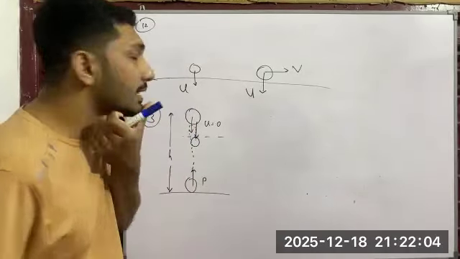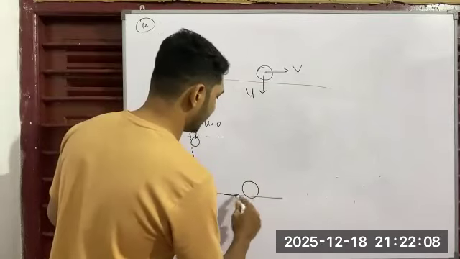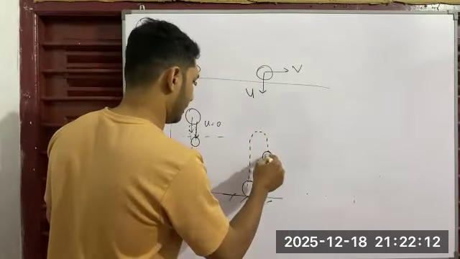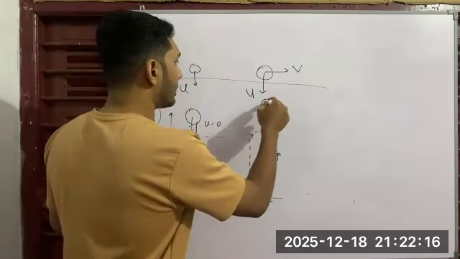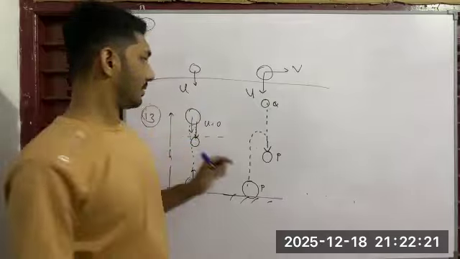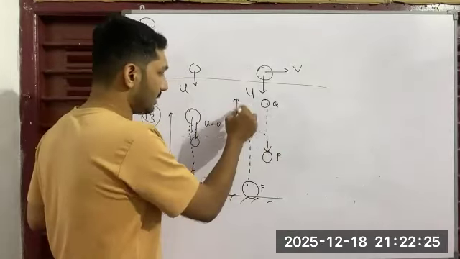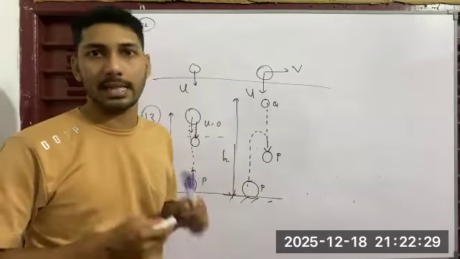So the path of P is this. Path of Q is this. This is H. So this thing you have to understand.